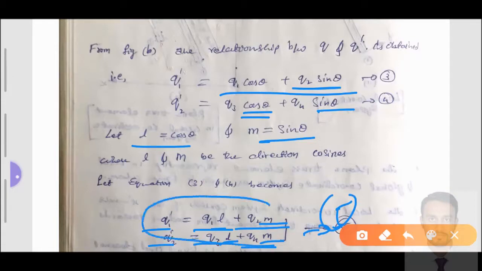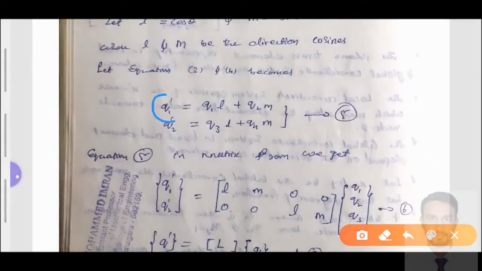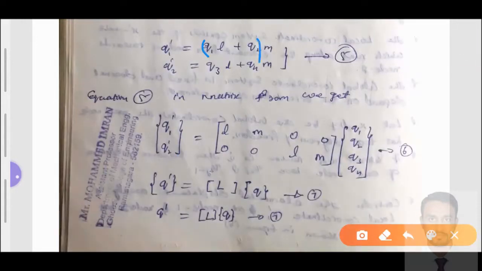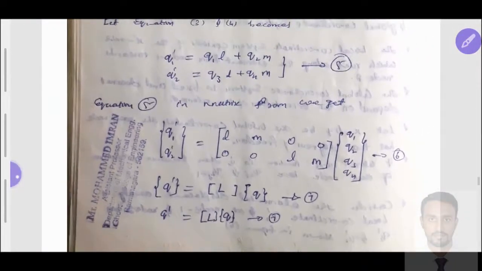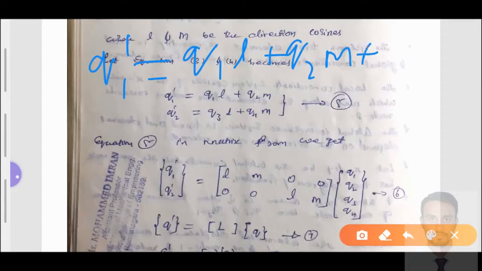This equation we are converting in terms of a matrix. How are we converting it? We get the vector q1 dash and q2 dash, and then I'll take q1 q2 here. I'll write this equation again in an understandable format. q1 dash is equal to q1 L plus q2 M plus 0 times q3 plus 0 times q4.